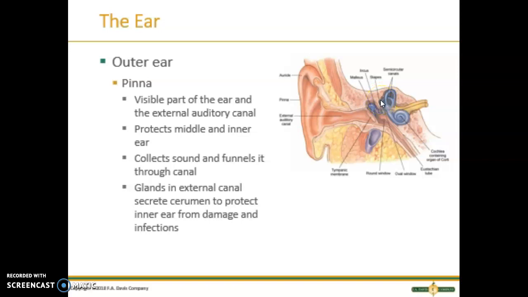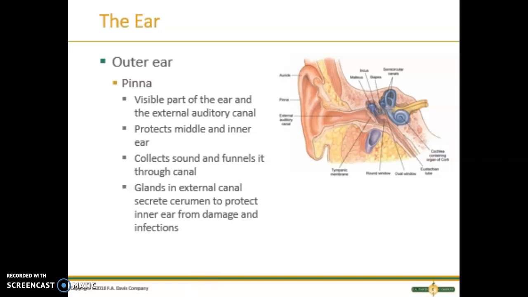And then down here, I'm going to show you where the eustachian tube runs, as well as the cochlea up in here. And again, take a look on page 272 of your book if you want to really see a better detailed anatomy image of the ear.